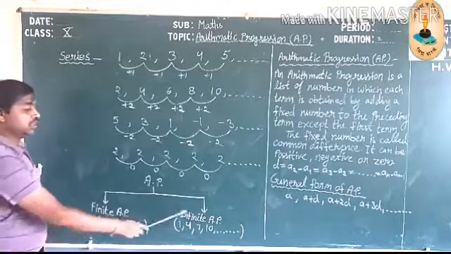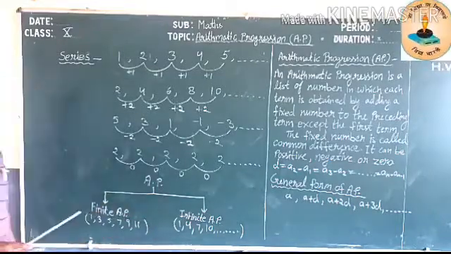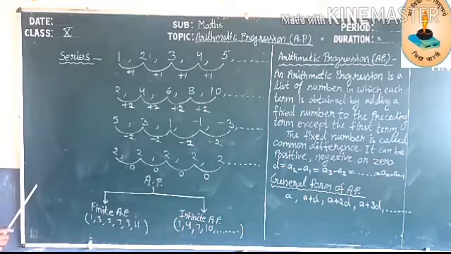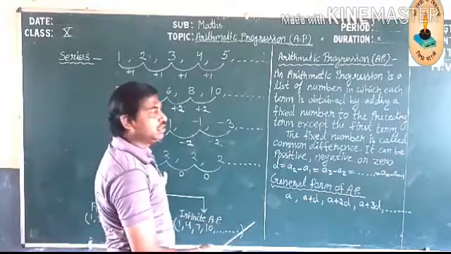तो ये अभी दो तरीके की AP बताएं, finite AP, infinite AP. लेकिन इस AP की जनरल फॉर्म क्या होगी? हम कैसे इस AP को जनरल फॉर्म में रिप्रेजेंट करेंगे?